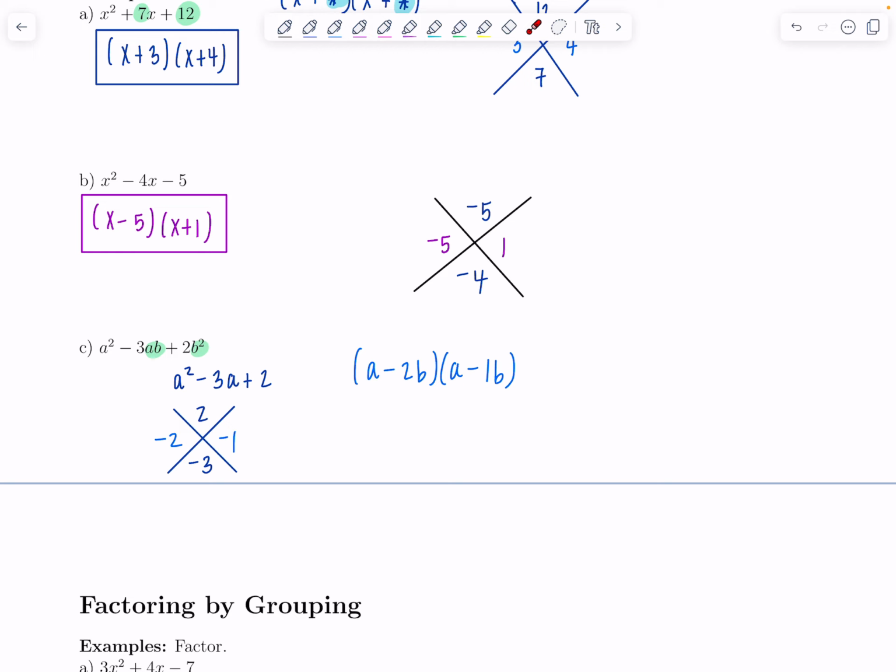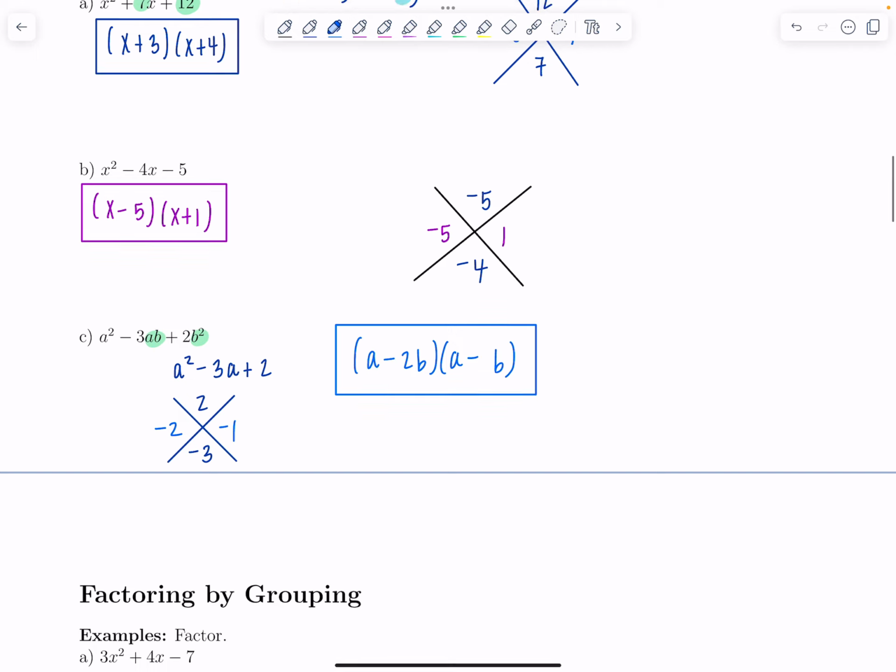So altogether, boom, there's your negative 3ab. And of course, we don't have to put the 1 there. Good? Okay, so this is a pattern that you'll see, and it looks more intimidating than it needs to be, so don't worry.